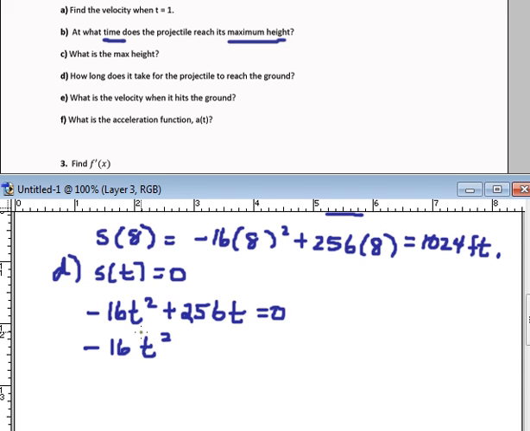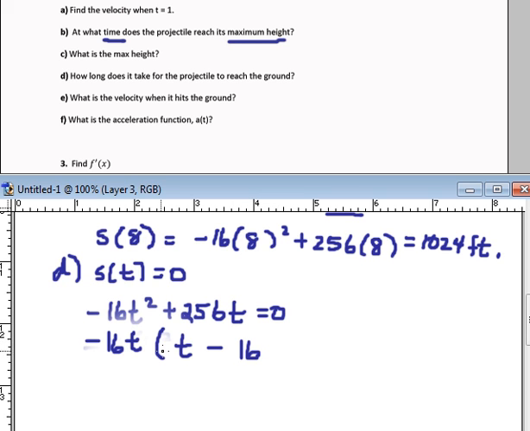Or let's factor out actually minus 16t. Okay, let me erase this. Okay, so we can factor out actually minus 16t from the expression above when we solve. All right, and here we have t minus 16.